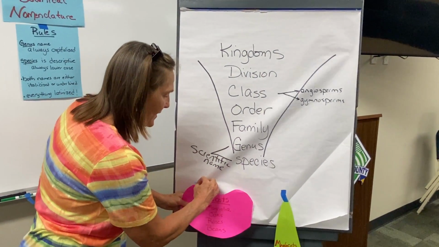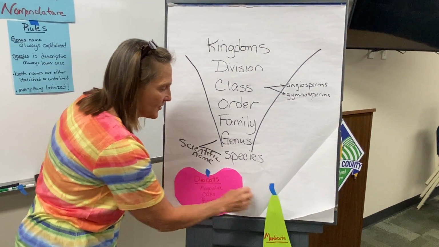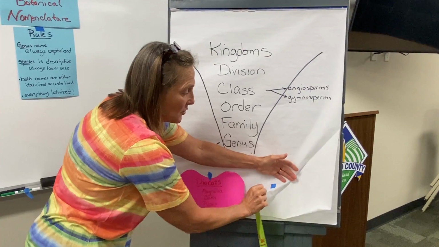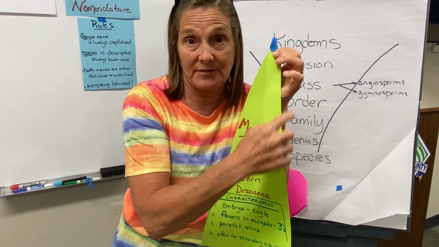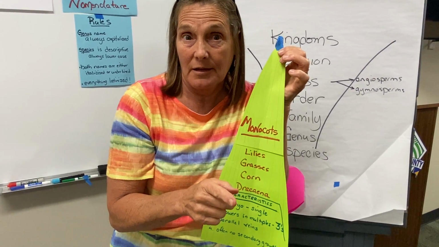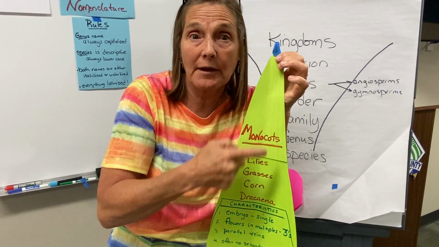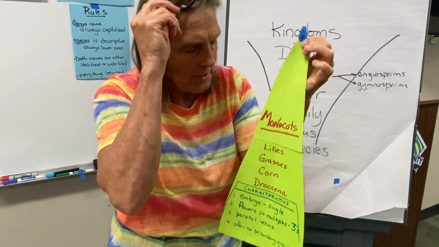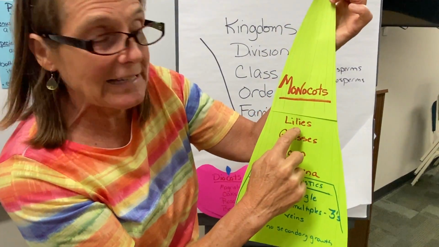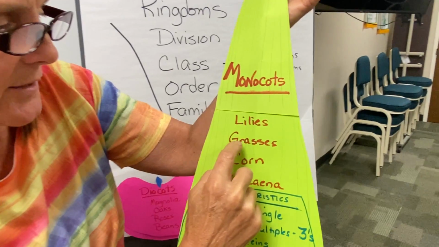And the other big subclass is called monocots. You have to be familiar with both of these. Monocots, I made it into a piece of grass because why? Monocots always have parallel veins. All of your grasses, all of your corn, and I listed the plants you have to know. Lilies are all monocots.